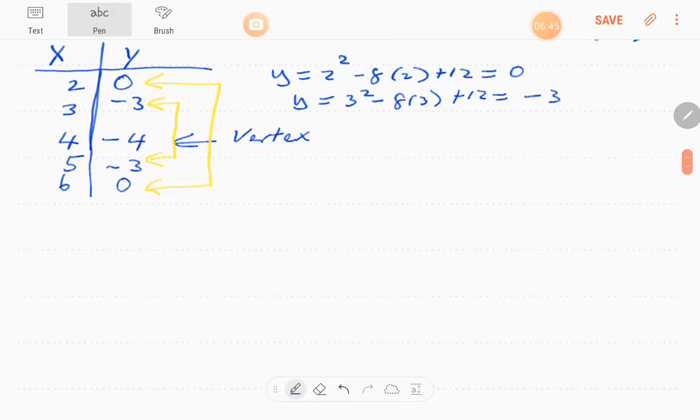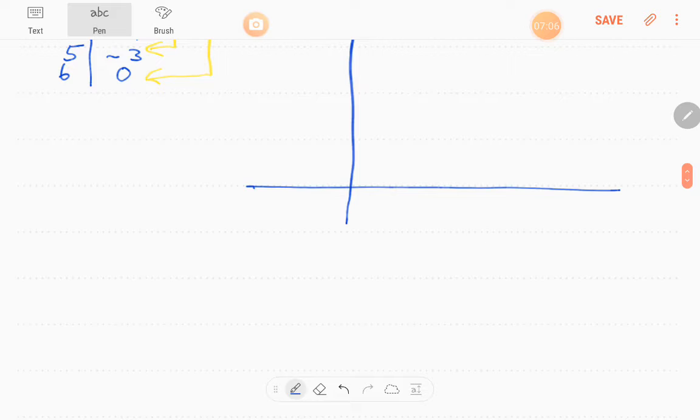I'll just do a quick sketch, substituting in those values and plotting those points.